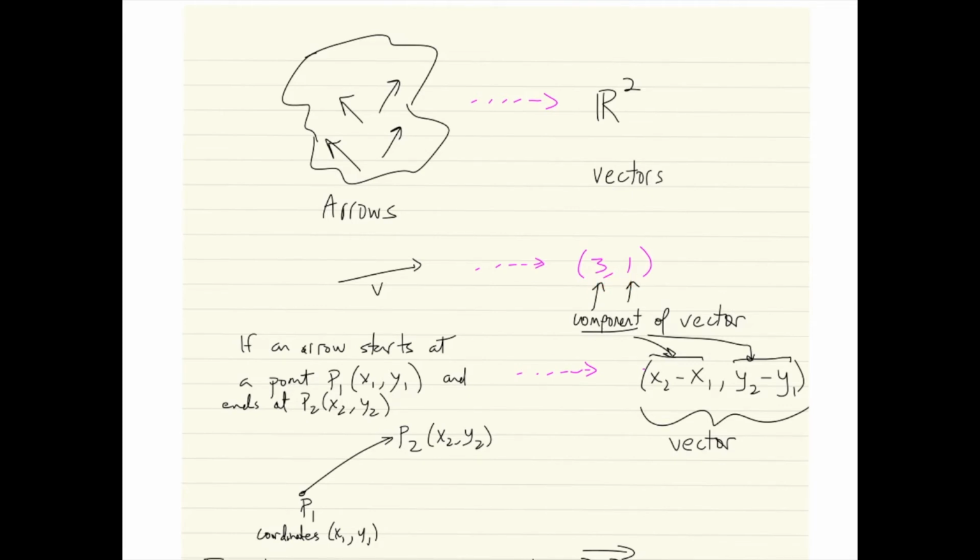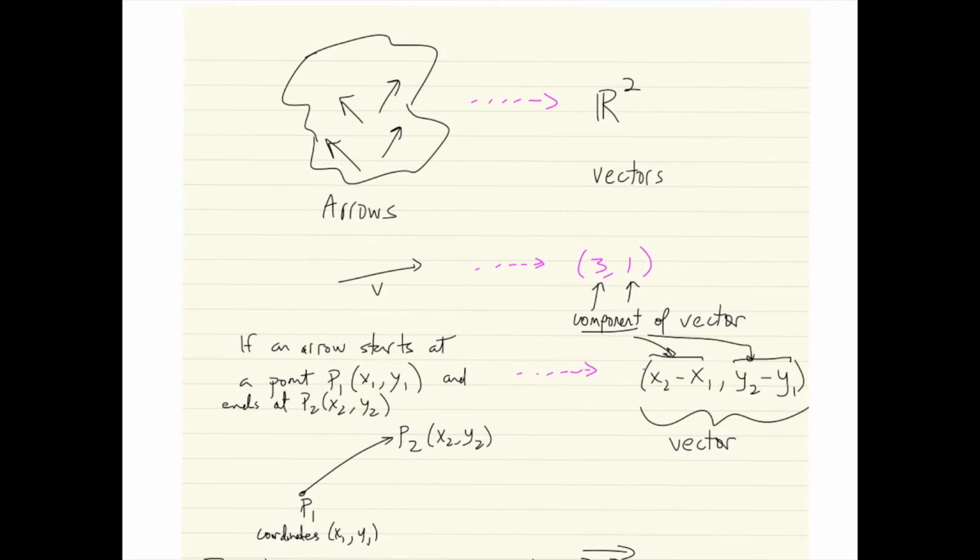So this is the correspondence between arrows and points in R2. Again, R2 is just the xy coordinate system, and to a vector v, you then assign 2 numbers, the x and y coordinates, and these are called the components. Sometimes it's called the x component, the y component of a vector.